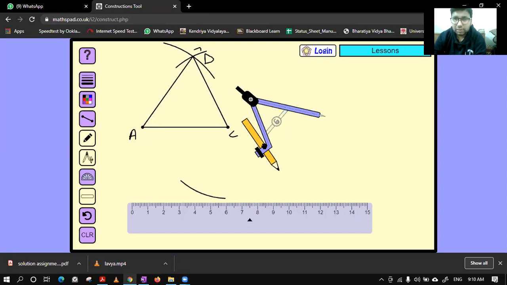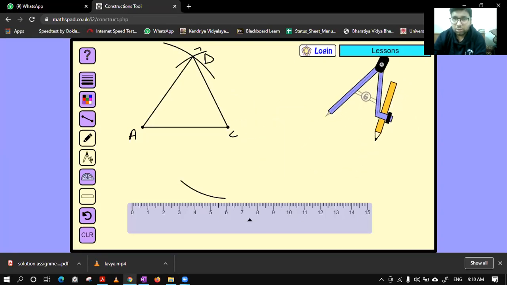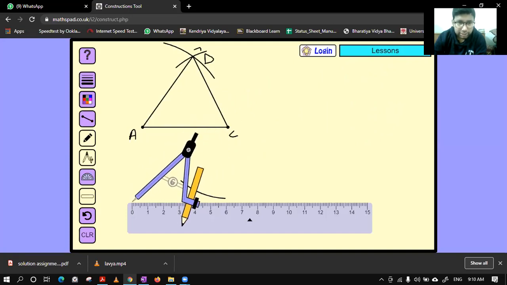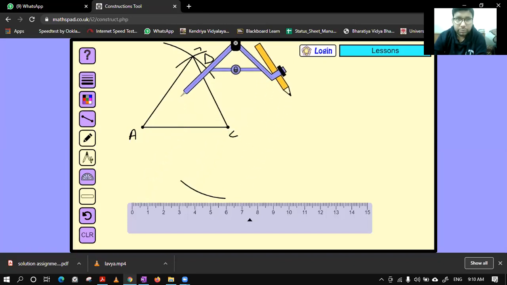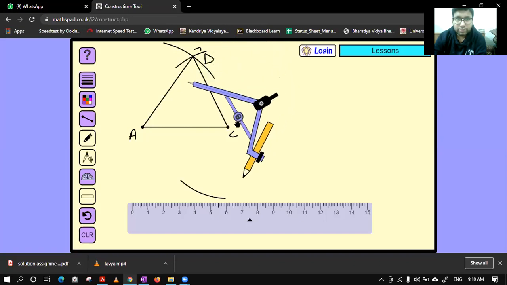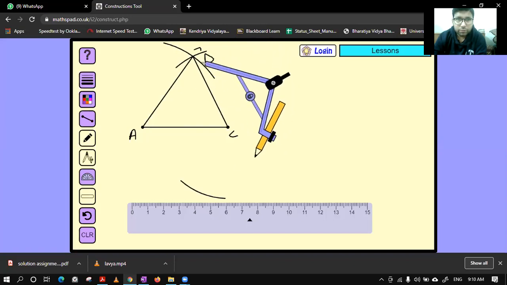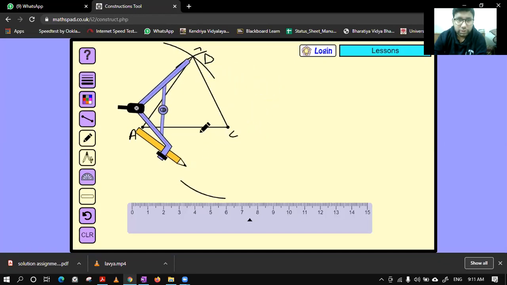So let's see how the arc will come of 7 centimeter. So keeping on point D, this arc will come somewhere here.